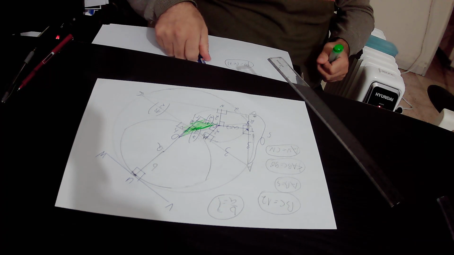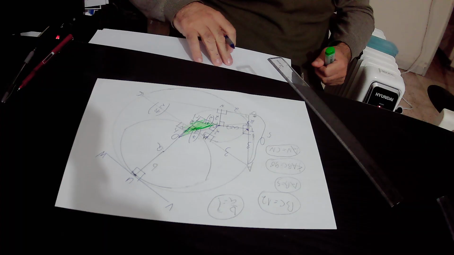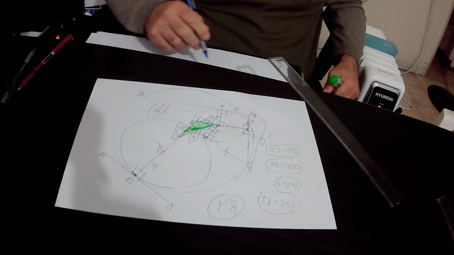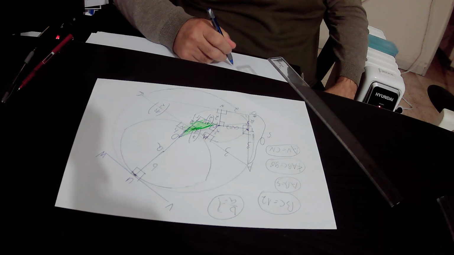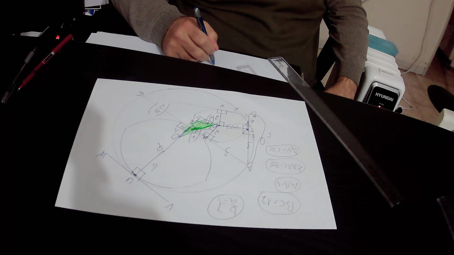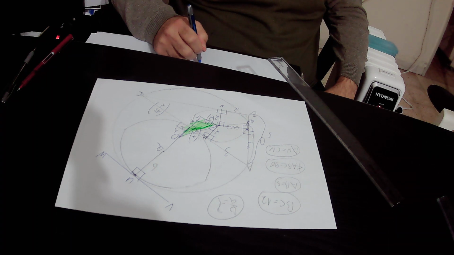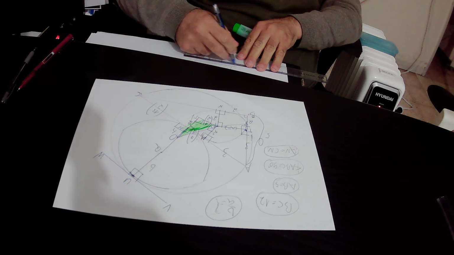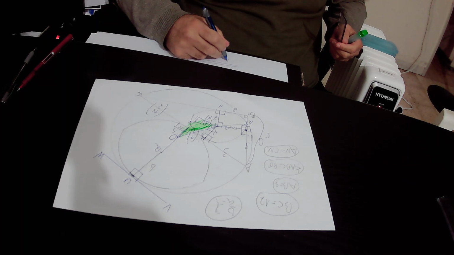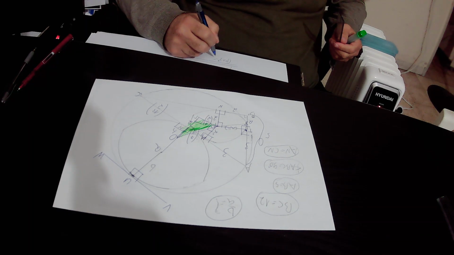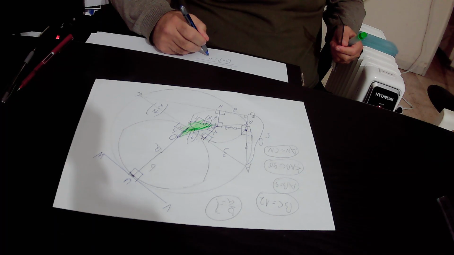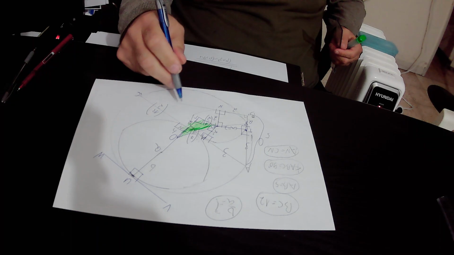According to the Pythagoras theorem, on the right triangle POT, PO square is equal to PT square plus TO square.